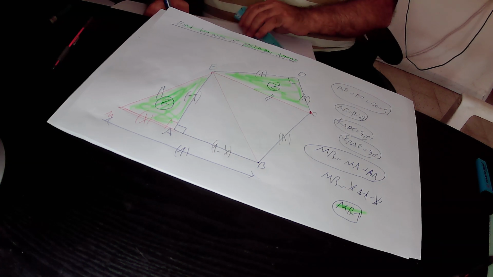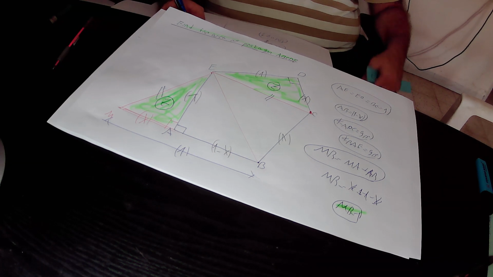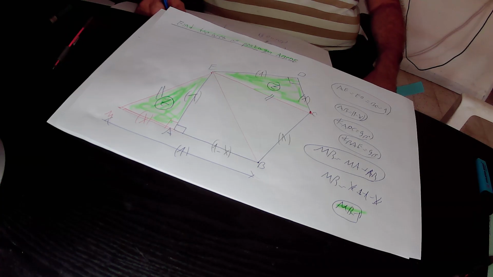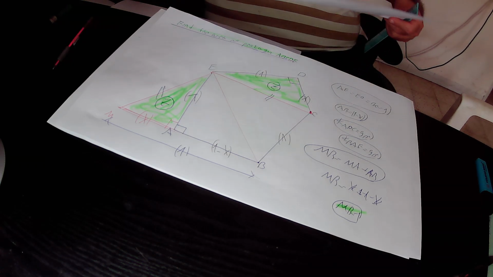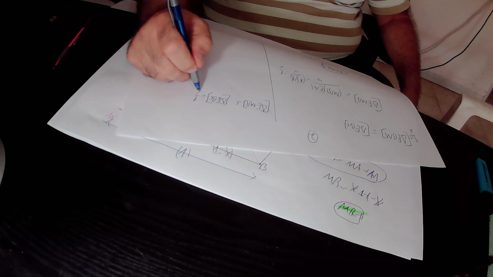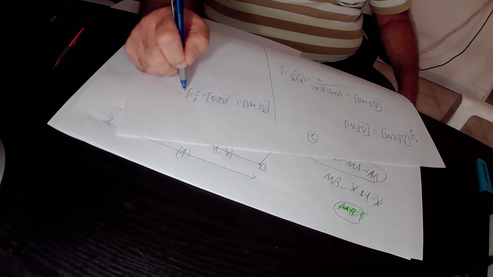So the area of triangle EMB plus the area of this triangle EBC is equal to 1 half plus 1 half, that is 1.